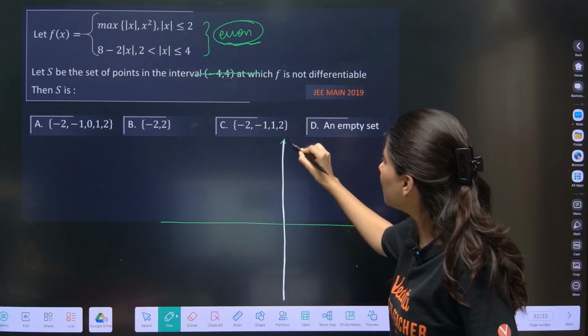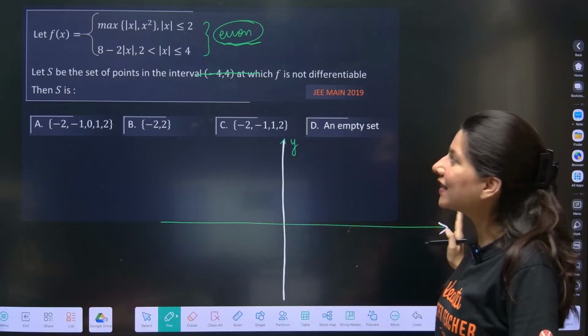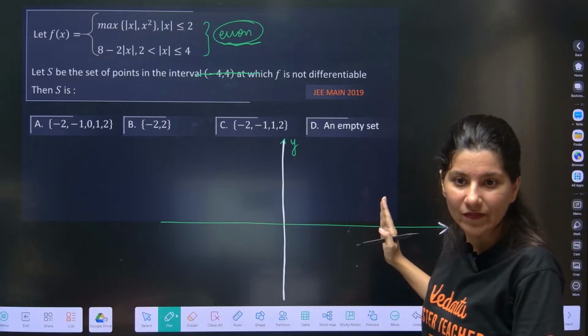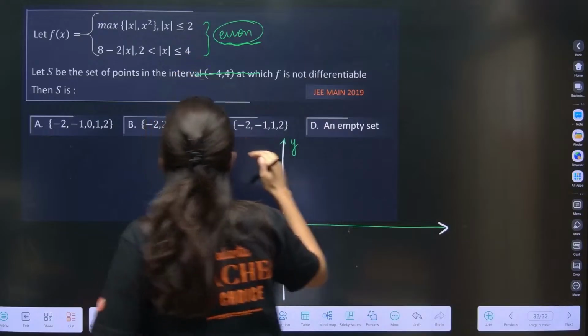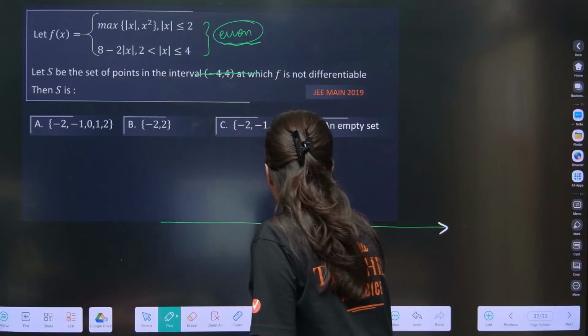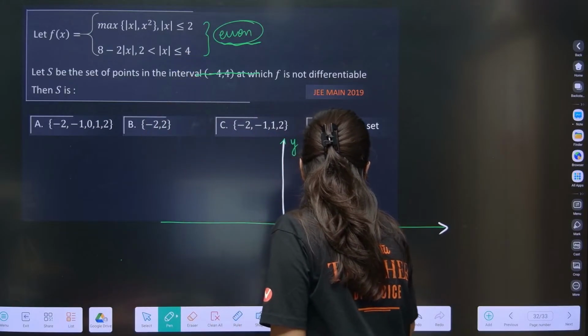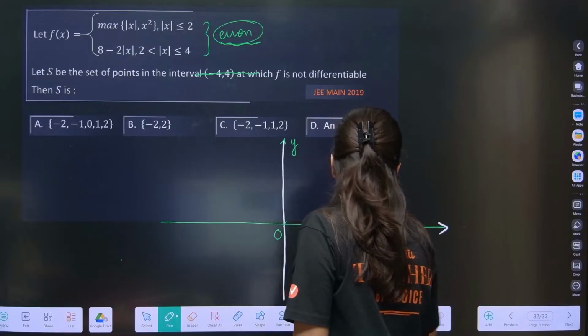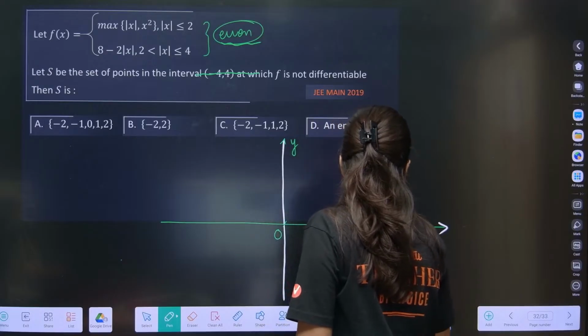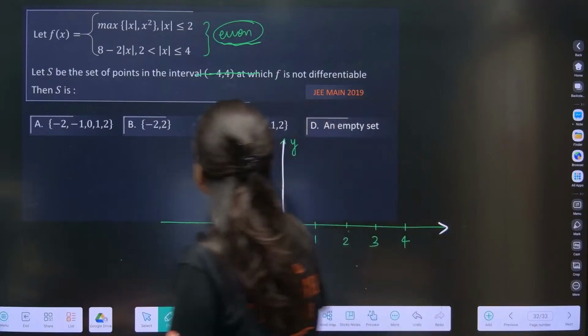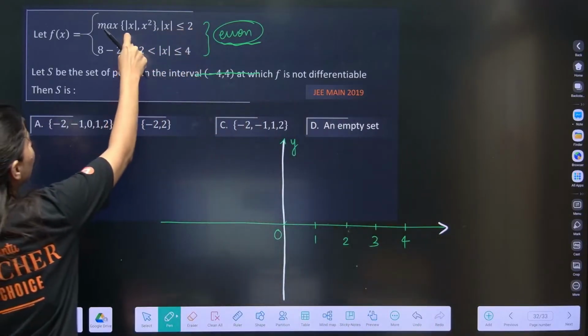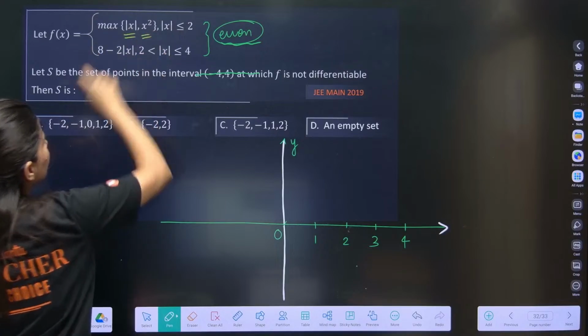So we just need to plot the right hand side of the graph. Till when do we need to plot? We'll start with 0, then 1, then this is 2, this is 3, and this is 4. Now for x less than or equal to 2, you have mod x, and then x square.